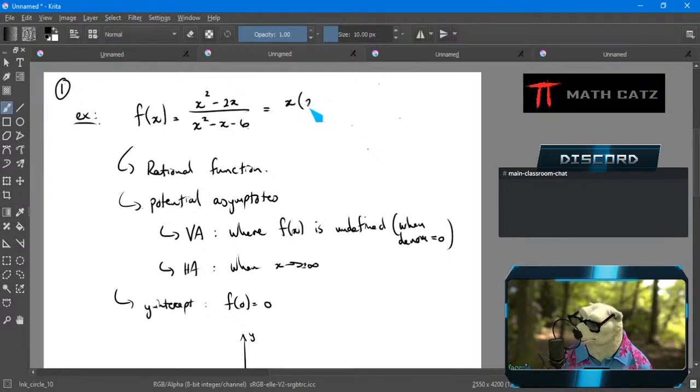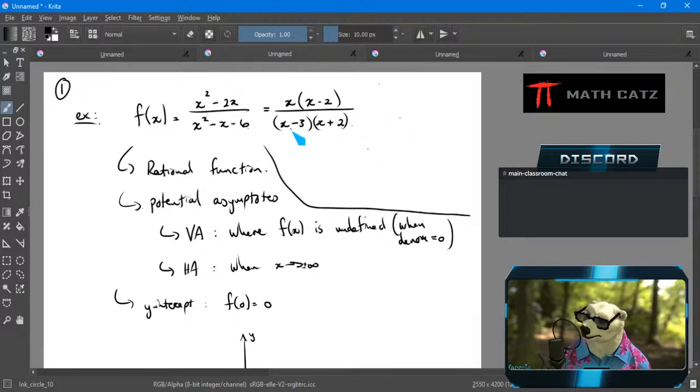I don't need to factor the top, but I don't want it to be left out, so I do it anyway. So factoring these guys should be super obvious by now. And then I see, F is undefined at x equal to 3 and x equal to -2.